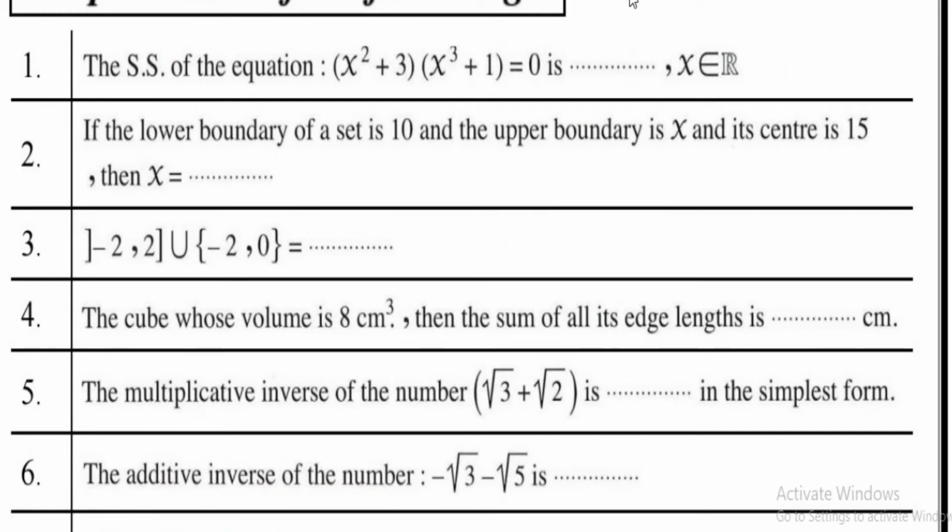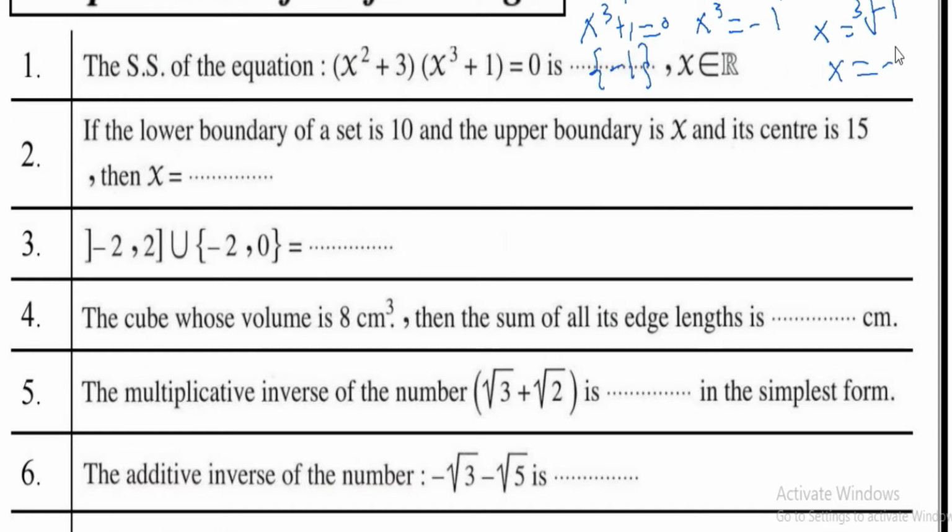Or x power 3 plus 1 equals 0. This one works, so x power 3 equals negative 1. Take the cubic root. The cubic root of negative 1 is negative 1, so the solution set is negative 1.